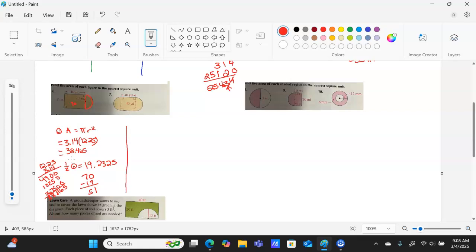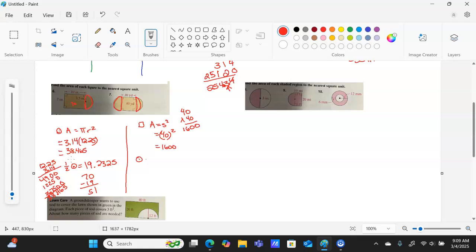This one, I have a square, which is 40 by 40. And so the area of it, side squared, is 40 squared. And we get 1600. And then I do have a circle. I have half of it here and half of it here.